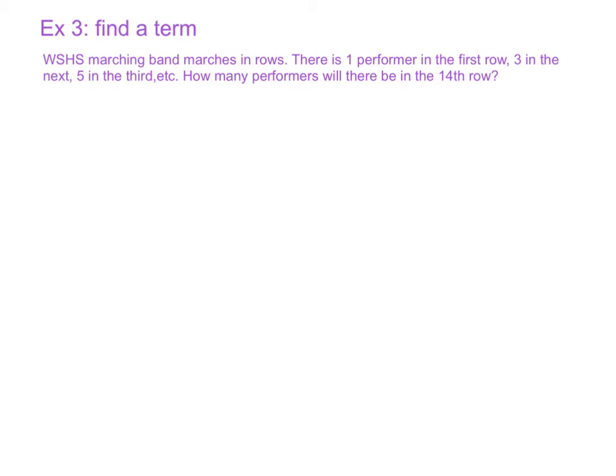Our next example, we have Winter Springs Marching Band. In the first performance, we have 3 and so on. And then it's asking us how many performers in the 14th row. We're going to use something called point slope form, because all we have is our common difference, which is our slope, and it's increasing by 2. We have an ordered pair where in the first term we have 1 performer.